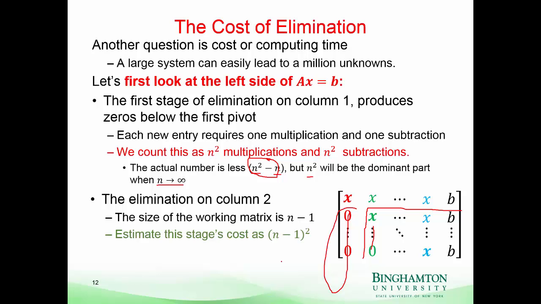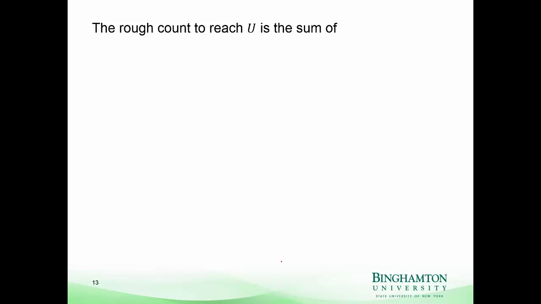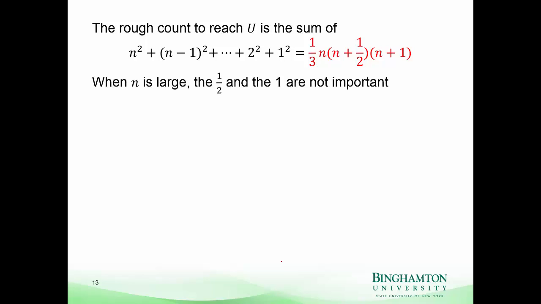And using the same argument in approximations, the cost of that stage will be n-1 squared, and so on and so on. So in order to do the elimination to get the U part of this, we'll have n squared from the first stage, n-1 squared from the second stage, and so on, all the way down to 1 squared.